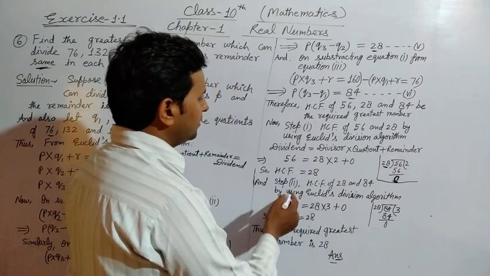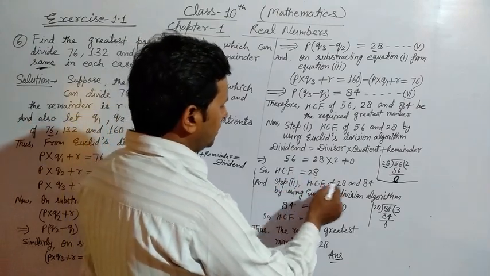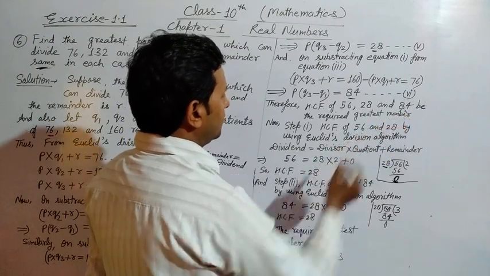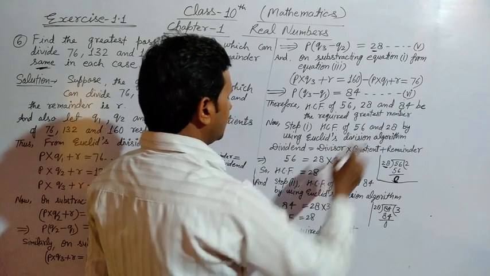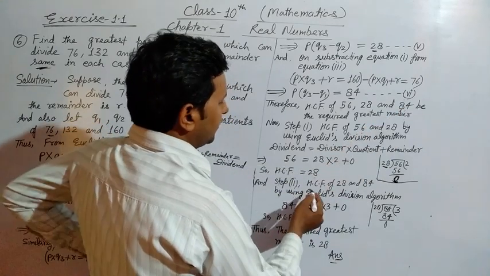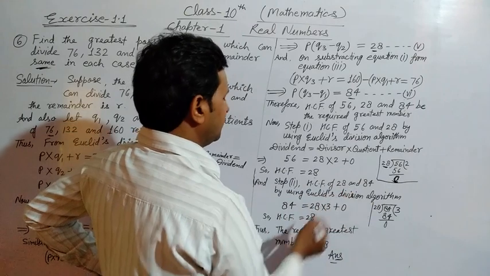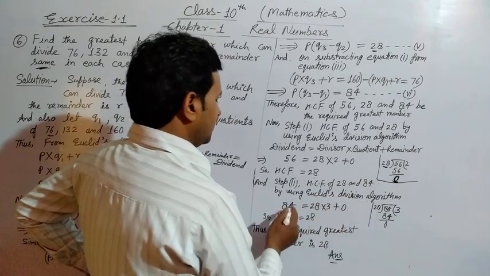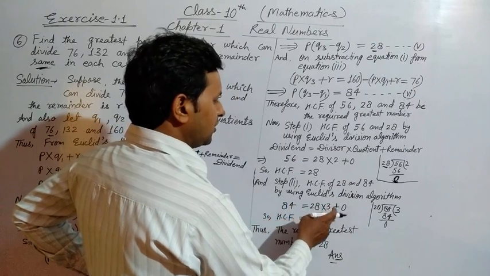Now in the second step, we find the HCF of this 28 and the third number, 84. Again using Euclid's division algorithm, dividend is equal to divisor into quotient plus remainder.